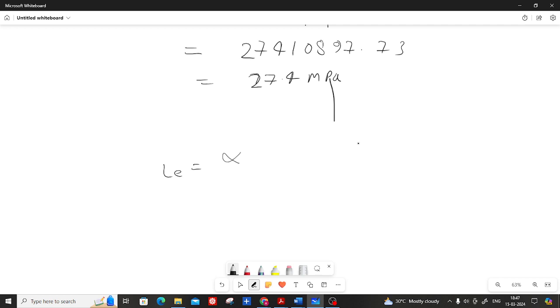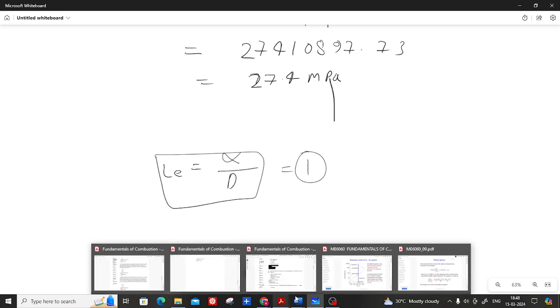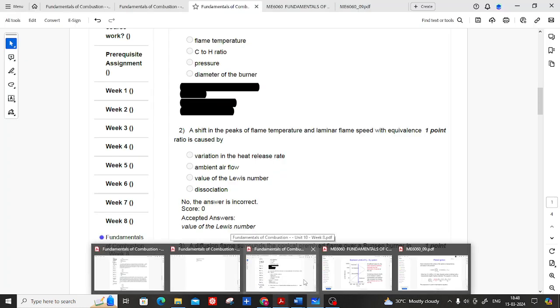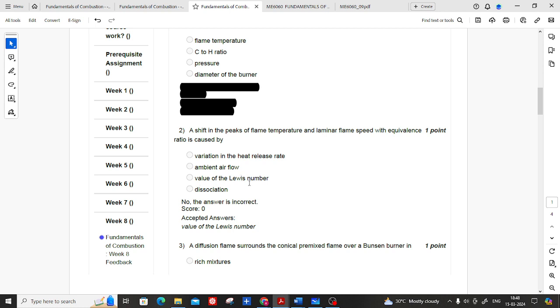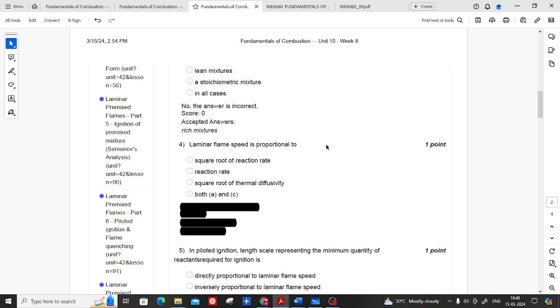Thermal diffusivity to the mass diffusivity, alpha upon D. Suppose that if the Lewis number is equal to 1, in that case the highest temperature will occur when phi, the equivalence ratio, is equal to 1. So it is the main reason. The variation of thermal diffusivity with mass diffusivity is the main cause by which the peak occurs at an equivalence ratio other than 1.